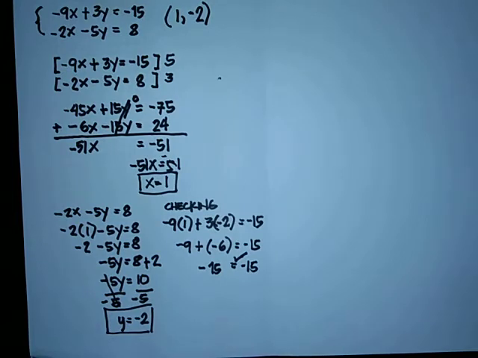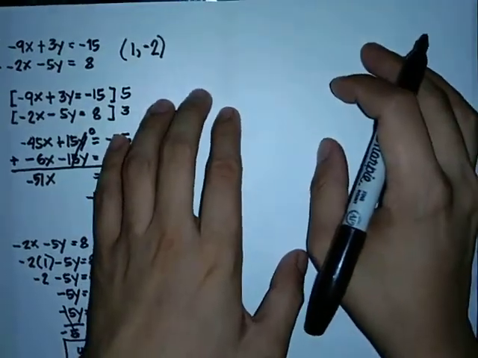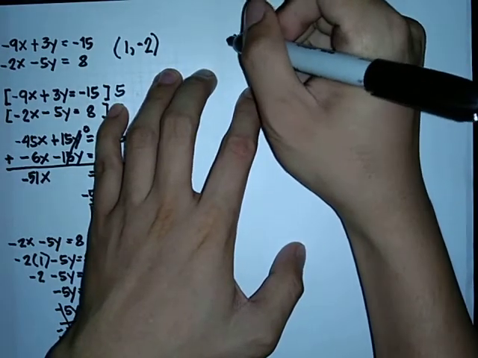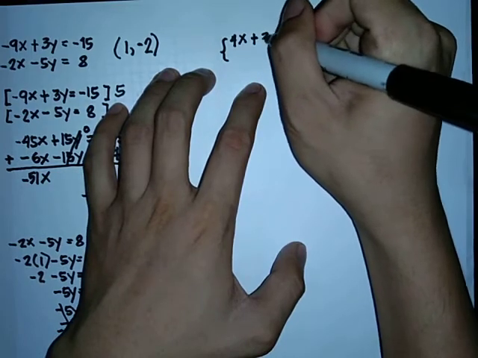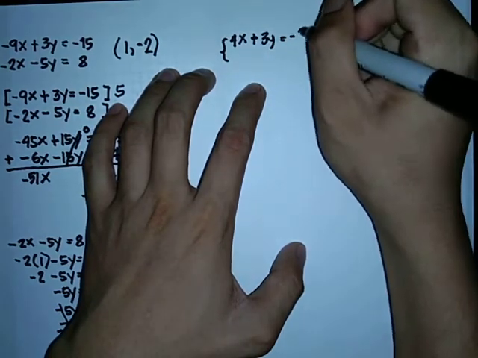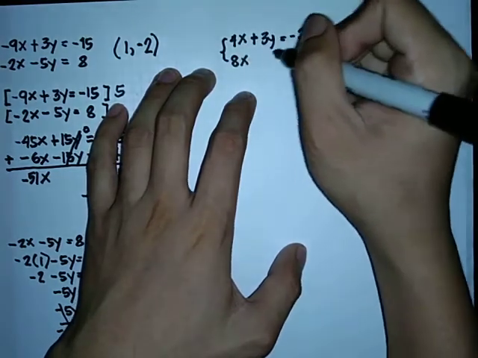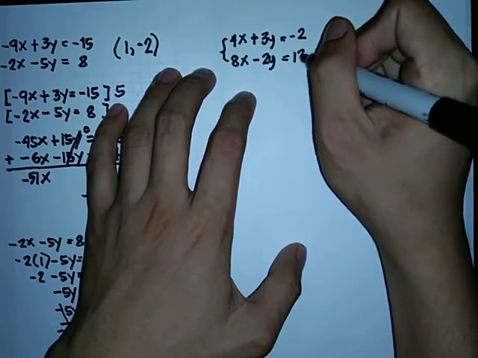Okay. Let's have another example. So what if meron tayong given naman na system of 4x plus 3y is equal to negative 2, and then we have 8x minus 2y is equal to 12.